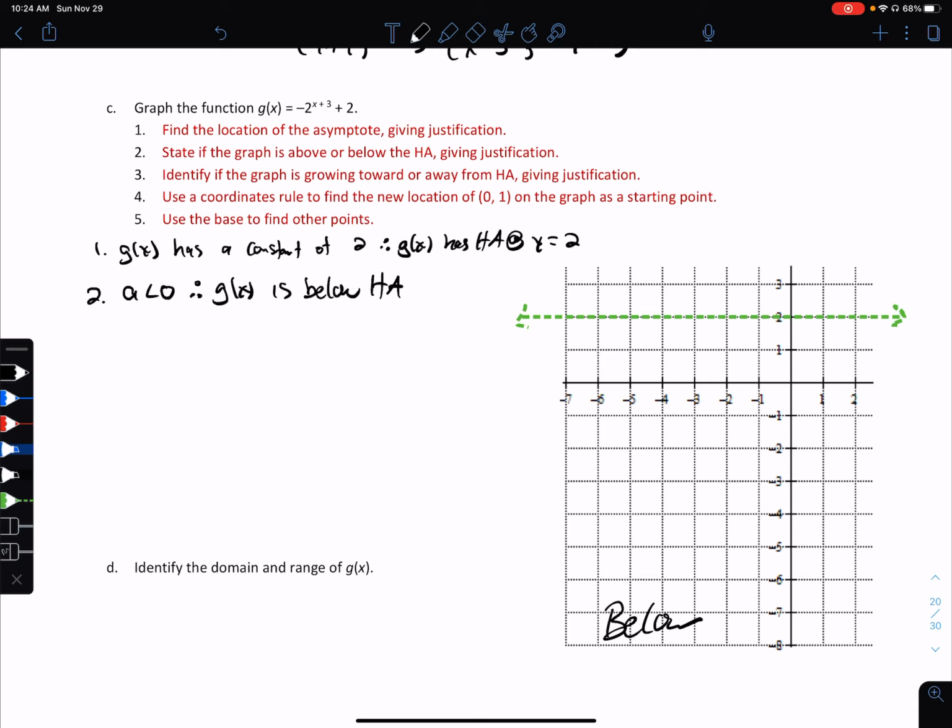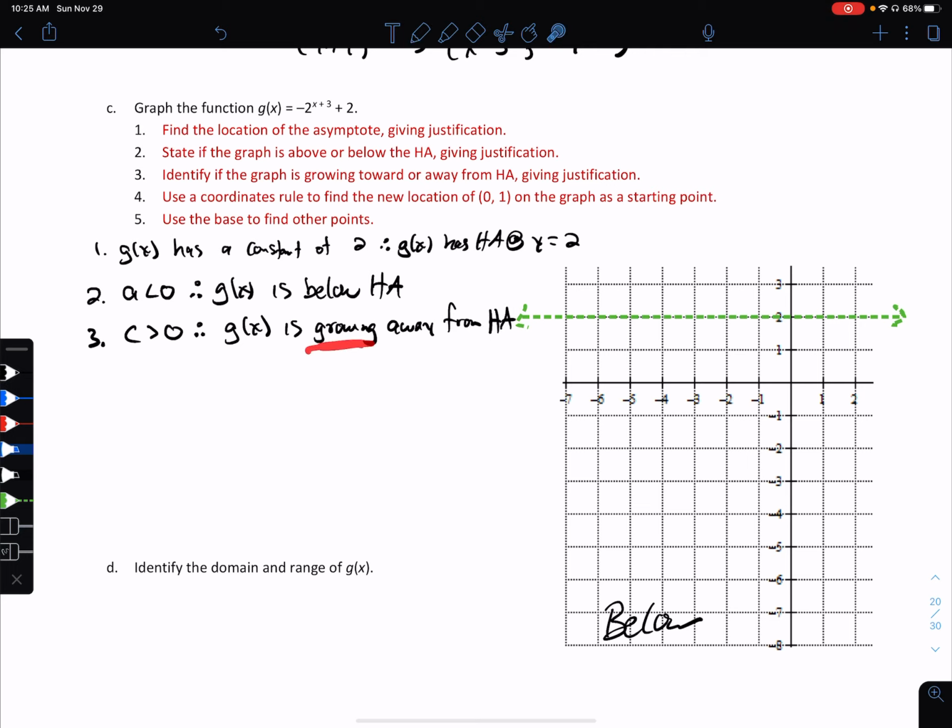3, identify if the graph is growing towards or away from the horizontal asymptote. C, in this case, that's what you're multiplying by x, is 1, so it's bigger than 0. So that's just like the parent, and just like the parent, g of x is growing away from the horizontal asymptote.